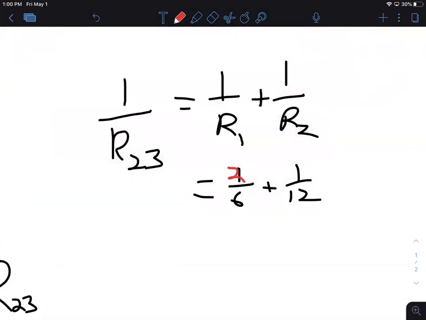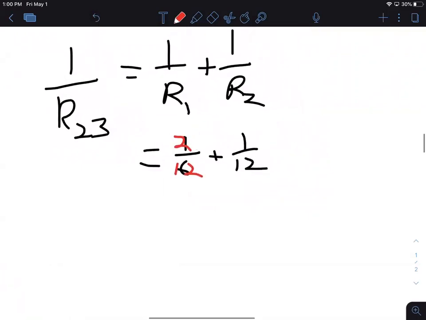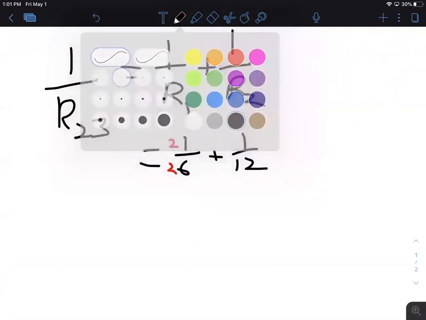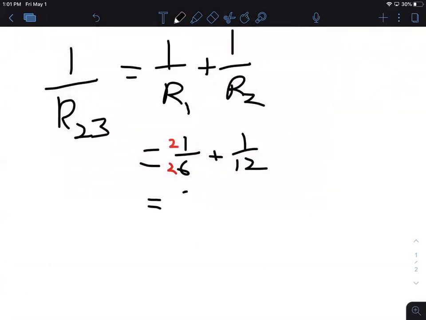This is the same thing as 2/12 by multiplying by 2, that's a good way to write it. I'm going to multiply each side by 2. So I'm going to get 2/12 plus 1/12 equals 3/12. So that's 1 over.